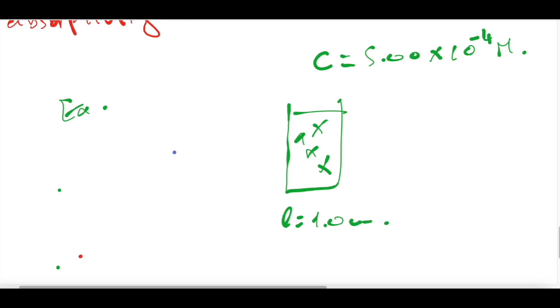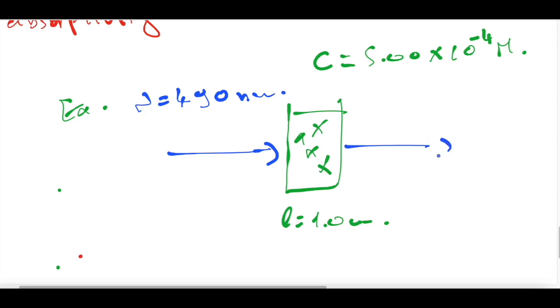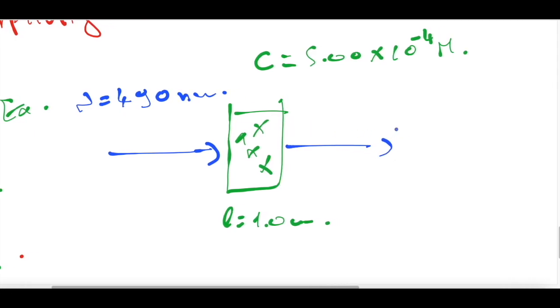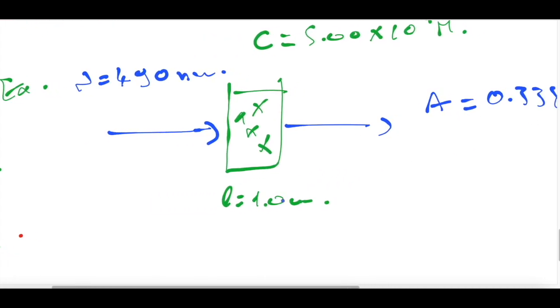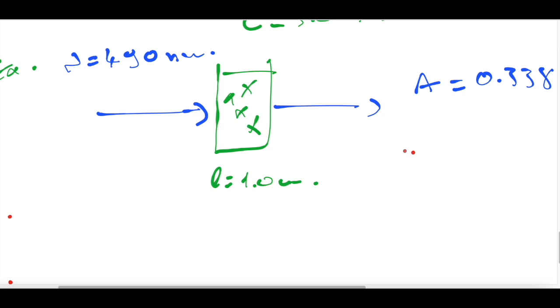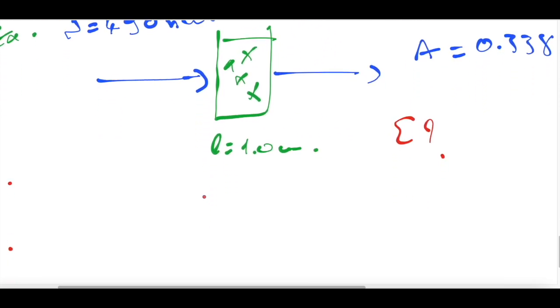The emitted radiation that passes through this sample has a wavelength of 490 nanometers. The transmitted radiation has an absorbance. Its measured absorbance was 0.338. So the question is, what is the molar absorptivity of the analyte contained in this solution?